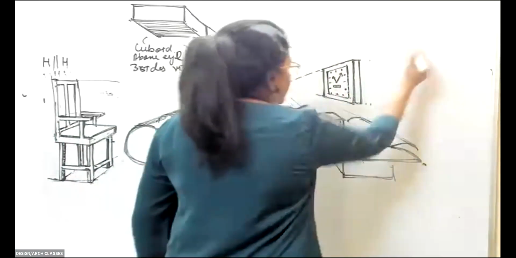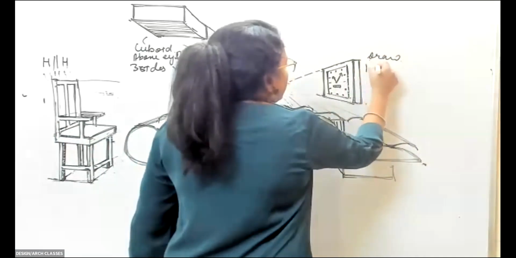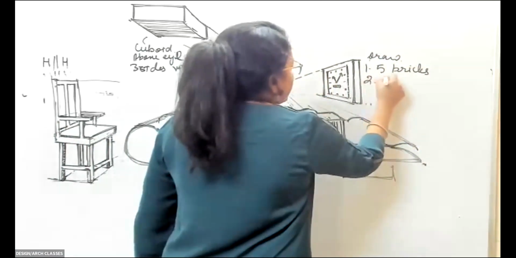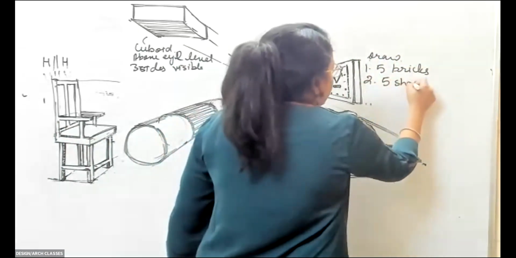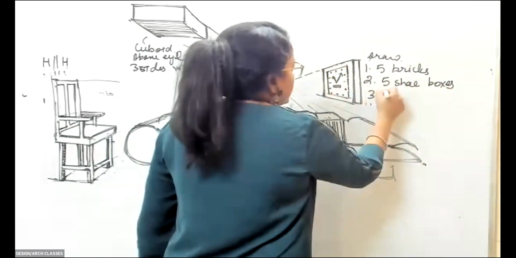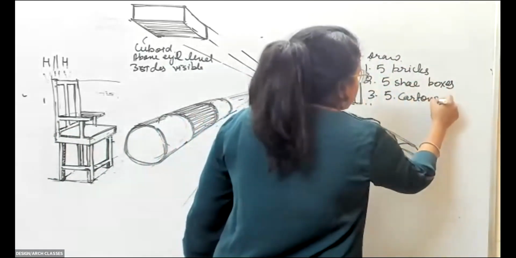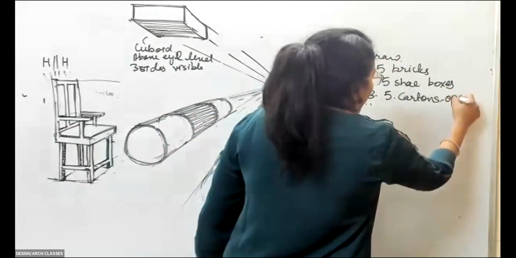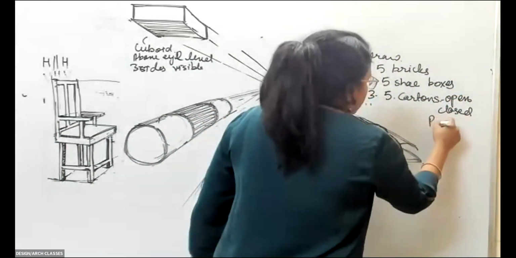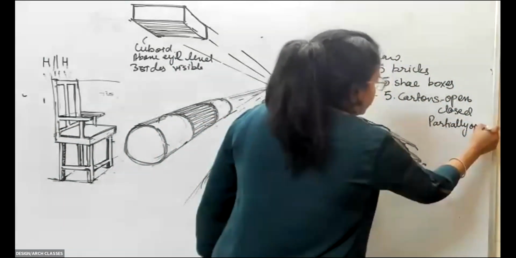Okay, write it down, whoever wants to work more on perspective according to today's class. So you can just write: one, draw 5 bricks; two, 5 shoe boxes; three, 5 cartons, open, closed, partially open. Please write it.